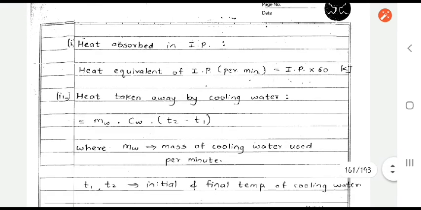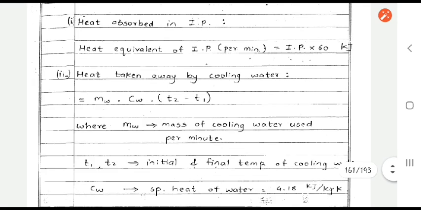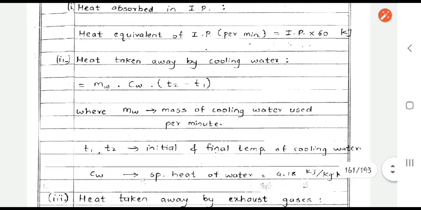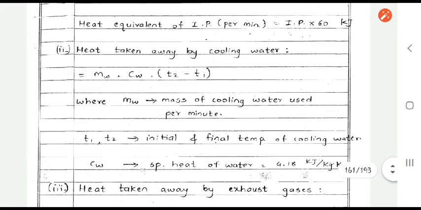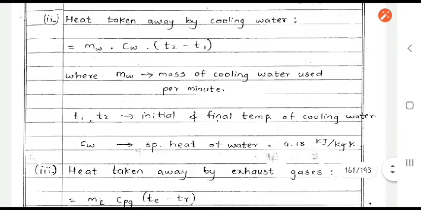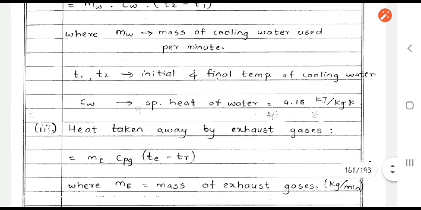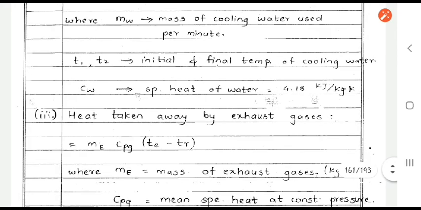The second one, heat taken away by cooling water, has the formula mW × CW × (T2 − T1), where mW is the mass of cooling water used per minute, T1 and T2 are the initial and final temperatures of the cooling water, and CW is the specific heat of water, whose standard value is 4.18 kilojoule per kg Kelvin.